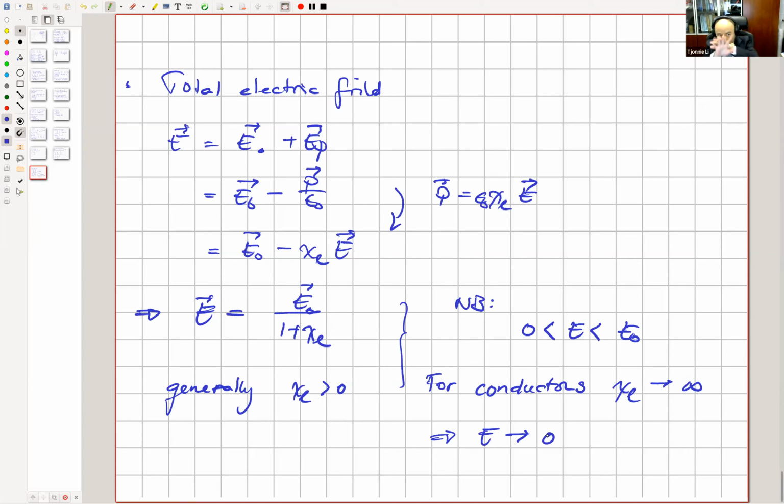Then I could create a setup in such a way that I identically cancel the field on the inside. So we can kind of see that the ideal conductor is just the limit of a linear dielectric. Okay, so that's just an example of how to do this whole stacking up of boundary conditions so that you're able to calculate what the fields are on the inside.